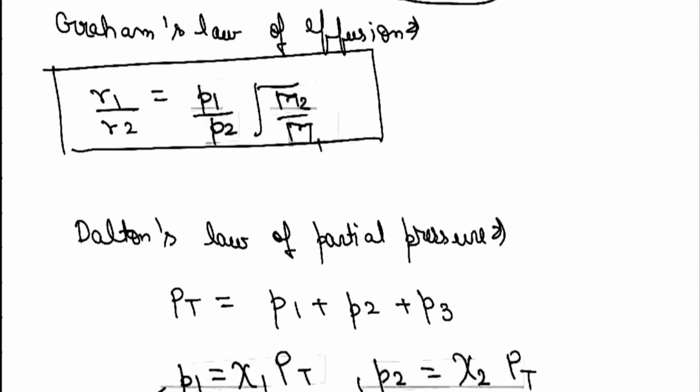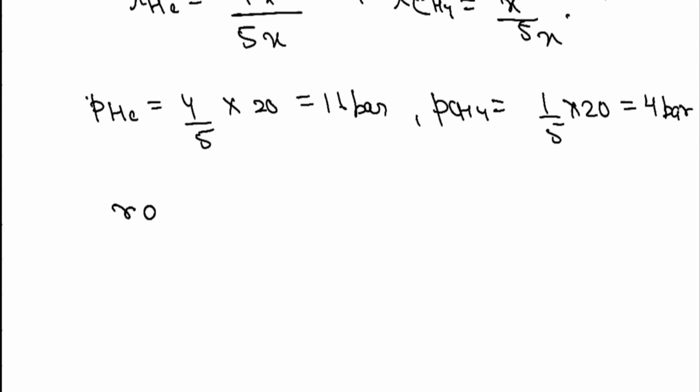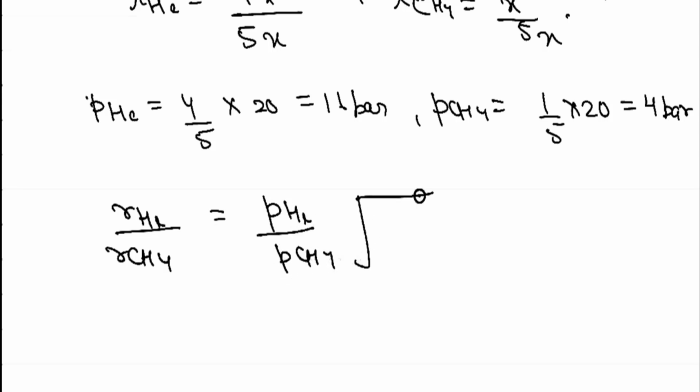So now again putting all the values in this formula, okay? After putting all the values, we will see that R of helium upon R of CH4, which is basically rate of helium upon rate of CH4, is equal to partial pressure of helium upon partial pressure of CH4, right? And under root of molar mass of CH4 upon molar mass of helium, right?